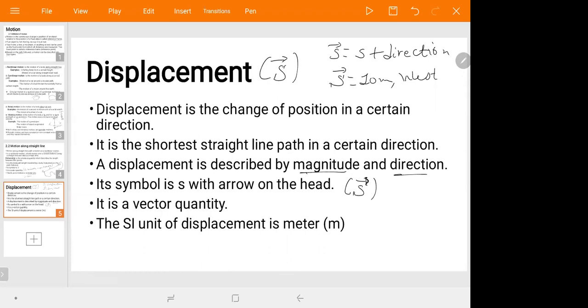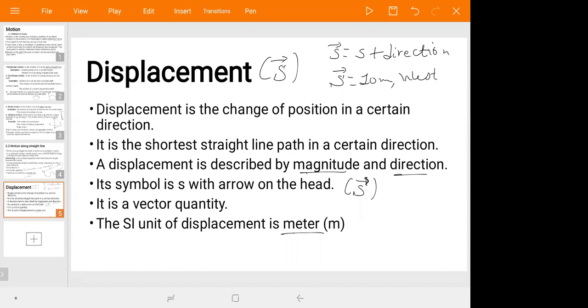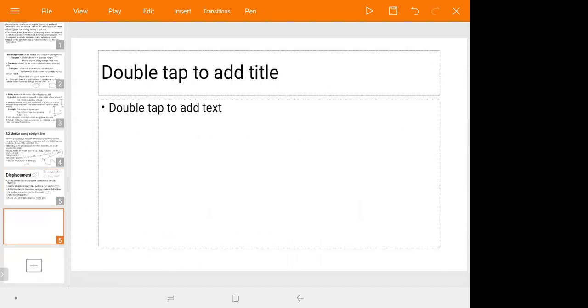Its SI unit is the same as length and distance: the SI unit of displacement is meter.